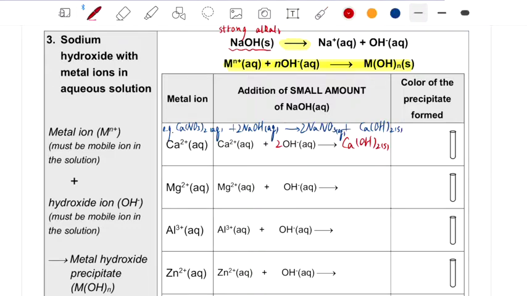That means in alkaline conditions, calcium hydroxide will not be soluble anymore. That's why we need to write solid for the precipitate, not aqueous. So please write this down: calcium hydroxide is only soluble in water, not in alkaline solution.